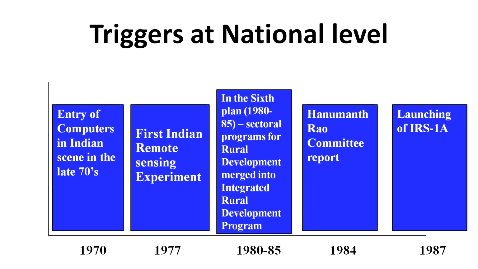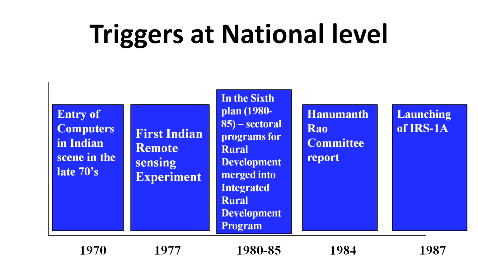Then during 1980 to 85, India's planning processes and rural development processes took up integrated planning efforts. When you say integration, that means you need data or information from different sources. In search of that, geospatial information systems came as a handy tool.